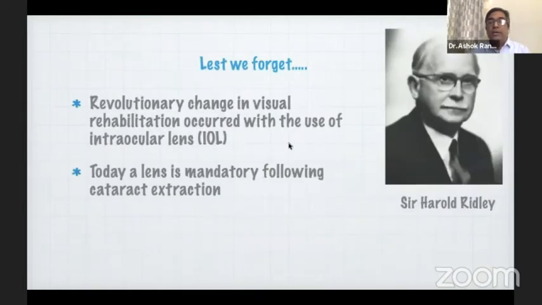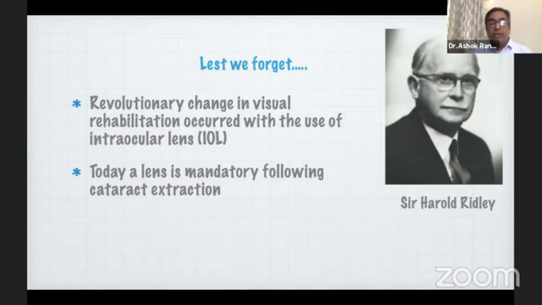Before we begin any talk on intraocular lenses, I always wish to pay my special regards to this gentleman, Sir Harold Ridley. In my opinion, it was his work of placing an intraocular lens in 1949, which revolutionized the entire outcomes of cataract surgery today.